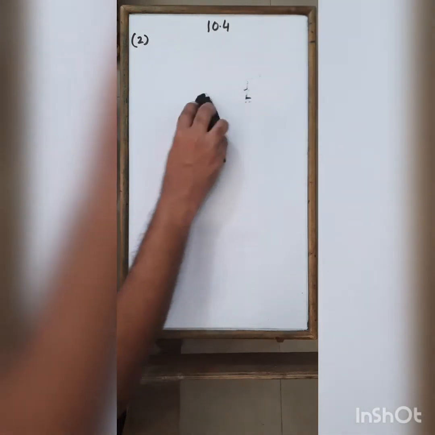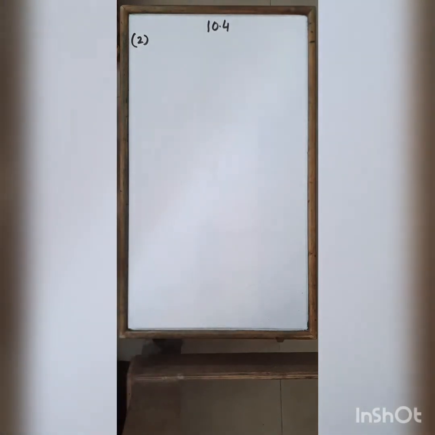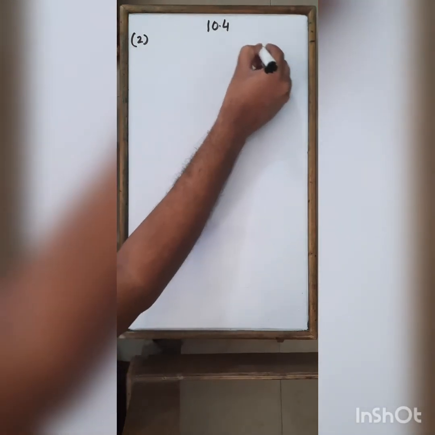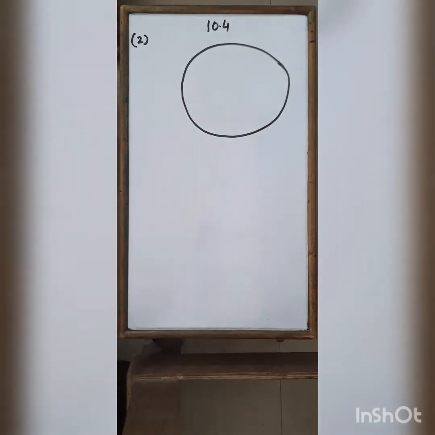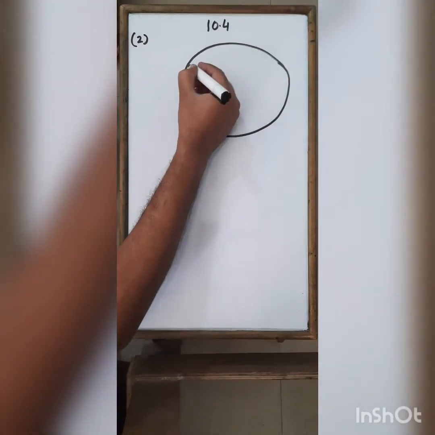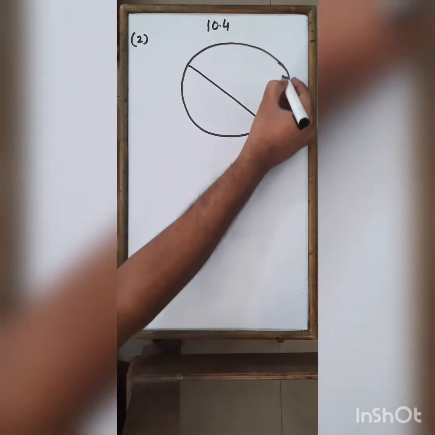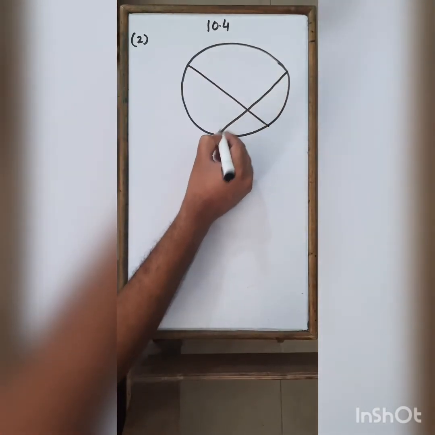Okay, so now let us first look at the question. In this question, the question itself is confusing. If two equal chords of a circle, so first let me draw a big diagram. So this is a circle, and there are two equal chords of this circle. Let me take one chord as AB and another chord as CD.